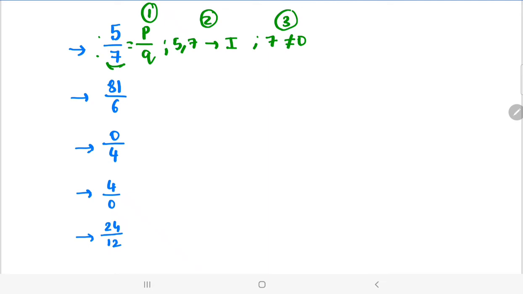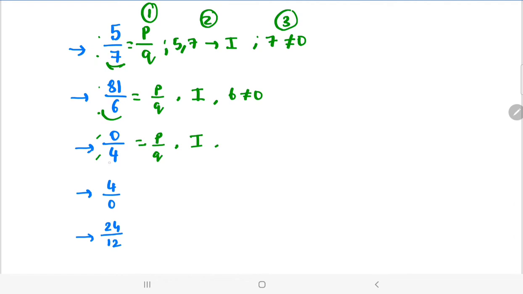Coming to the second problem, this 81 by 6 can also be written in the form of p by q. Here 81 and 6 both are integers only, and 6, the denominator, is also not equal to 0. Coming to the third question, here both are in the form of p by q, and I already told you that 0 is also an integer, 4 is also an integer, so both are integers only.